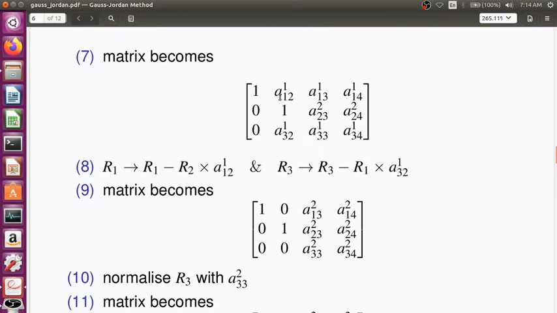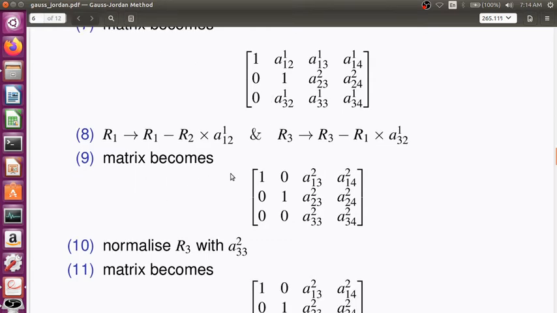After that we have to make A121 and A321 equal to 0. So the row operations to be done are: row 1 replaced by row 1 minus row 2 multiplied by A121, and row 3 replaced by row 3 minus row 2 multiplied by A321.